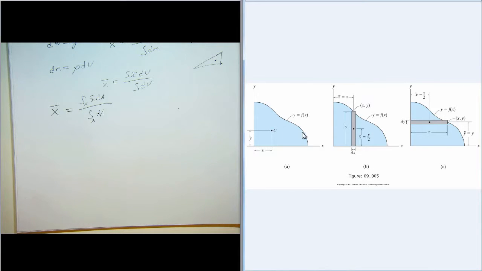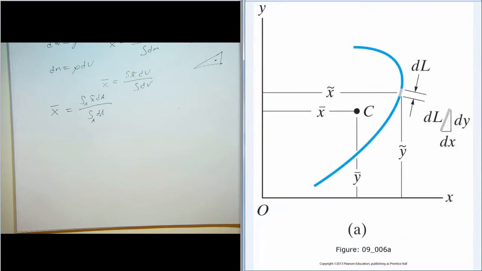It's a weighted average because we multiply each value x tilde by dA, and over here x tilde will have a larger dA associated with it because the rectangle will be bigger, so that value for x tilde will be multiplied by a higher number than, say, this value for x tilde. X tilde over here will be multiplied by a smaller dA, and then we divide that all by the total area, and so we get a weighted average. So that means that the x value of the centroid is going to be closer to the left side.